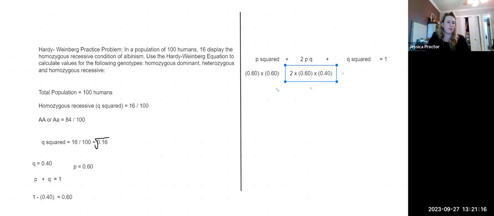The last part of our equation is Q squared, which is the value of Q multiplied by the value of Q. It's hopefully going to bring us all the way back to 1. Now we've got it all set up.